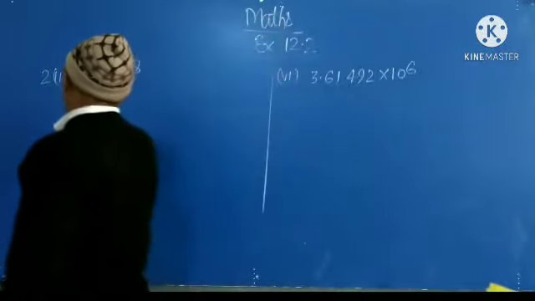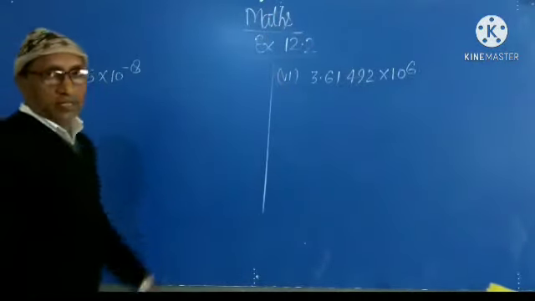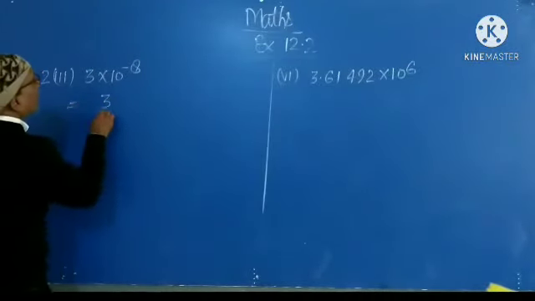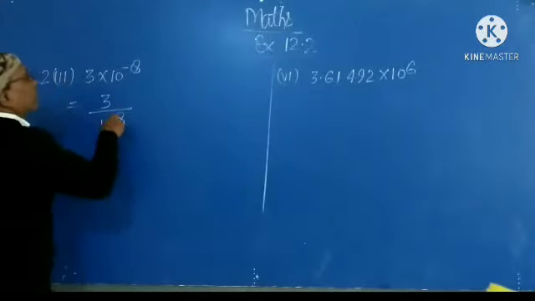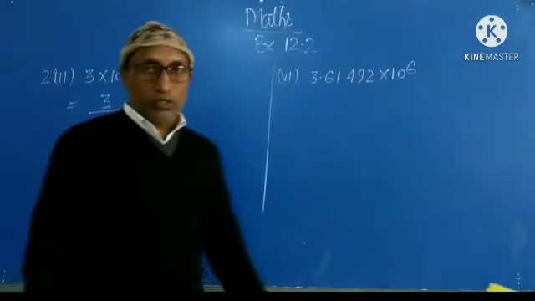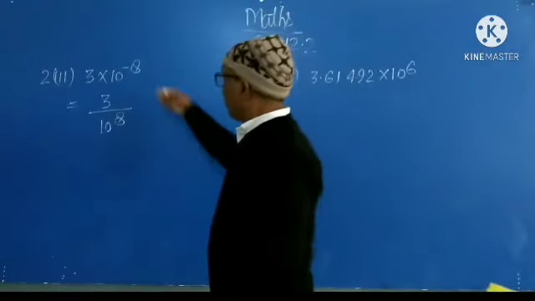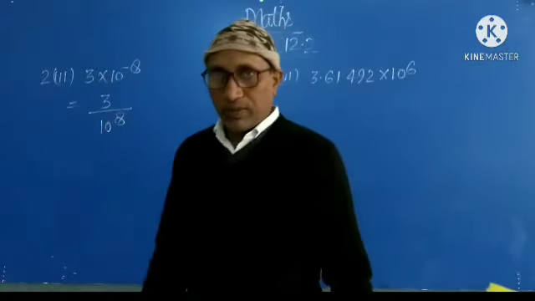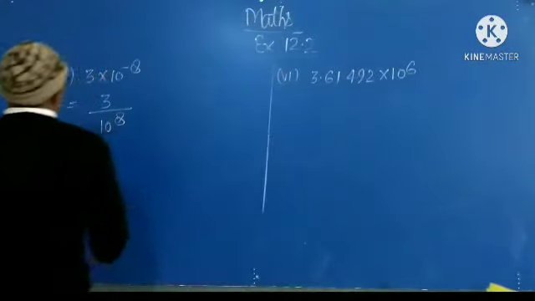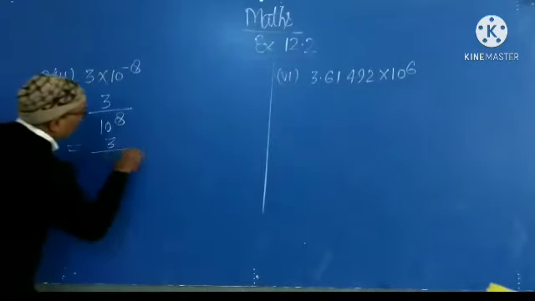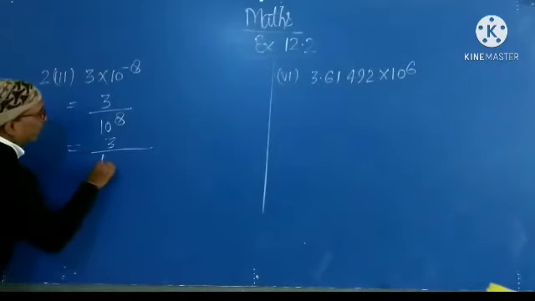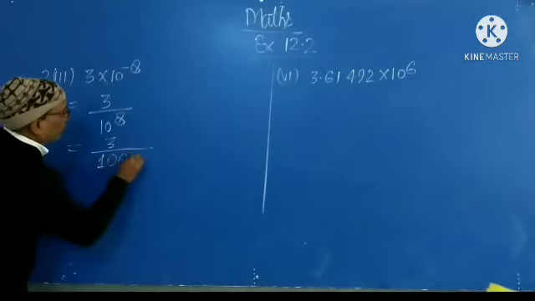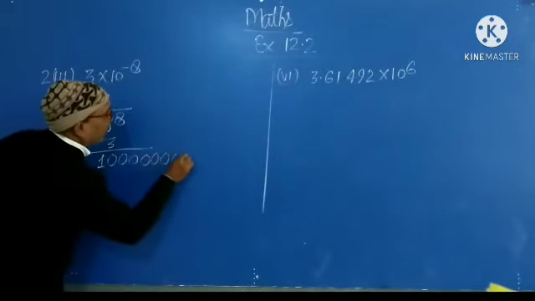Number 2, third part: you write this number in usual form. First of all, you write 3 upon 10 to the power 8. Because here is a negative exponent, you convert it to a positive exponent, so it is written in the denominator. You divide 3 by 1 followed by 8 zeros: 1, 2, 3, 4, 5, 6, 7, 8.